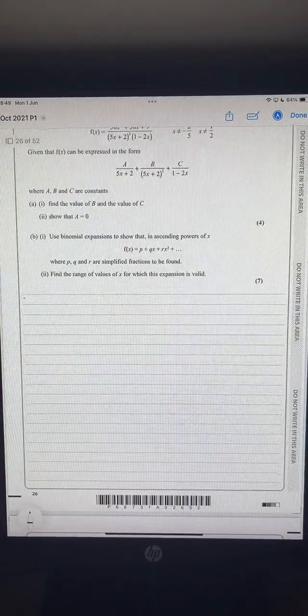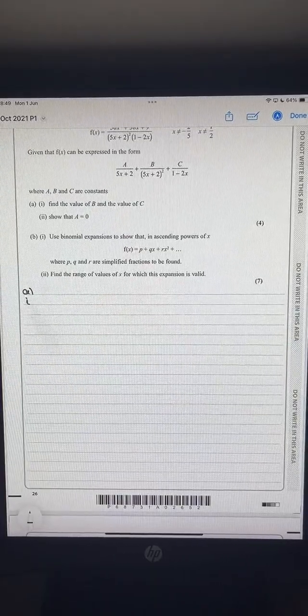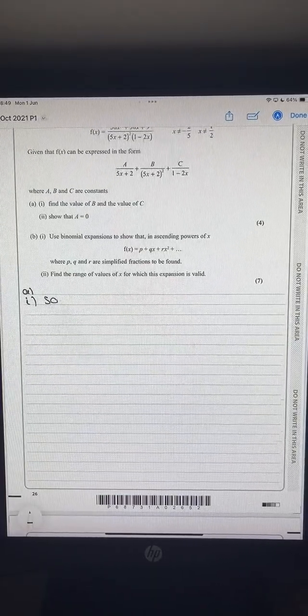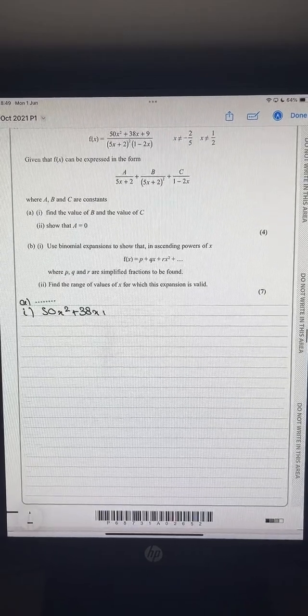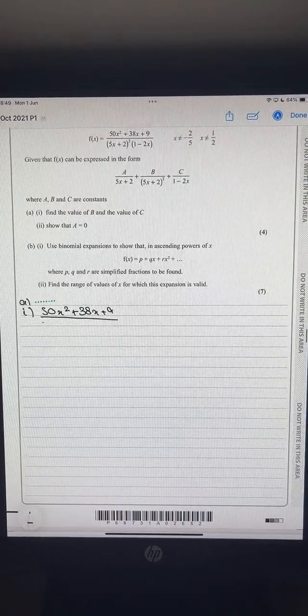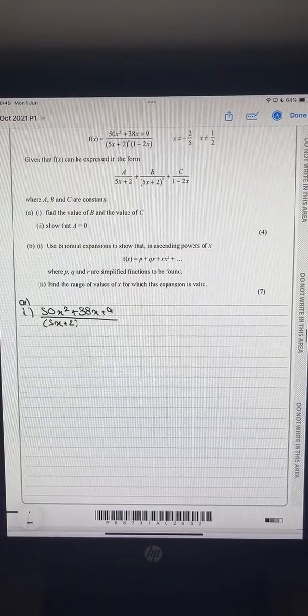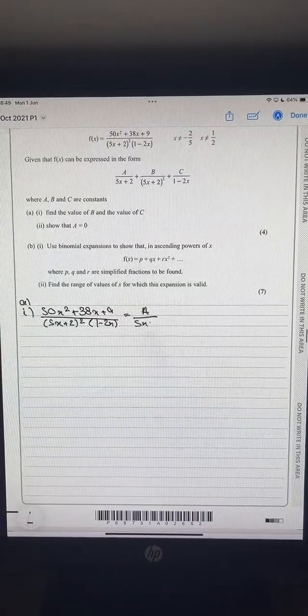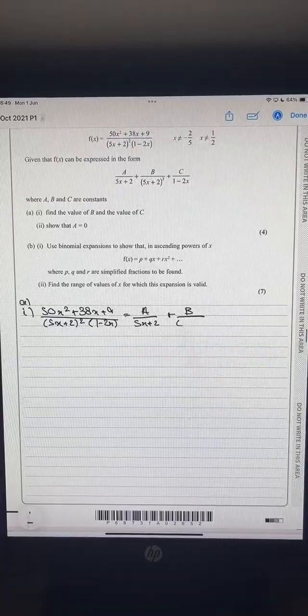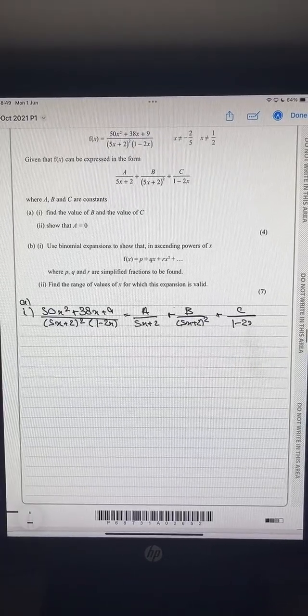So for part A, I, we have 50x squared plus 38x plus 9 divided by (5x plus 2) squared times (1 minus 2x), and that is going to be equal to A over (5x plus 2) plus B over (5x plus 2) squared plus C over (1 minus 2x).